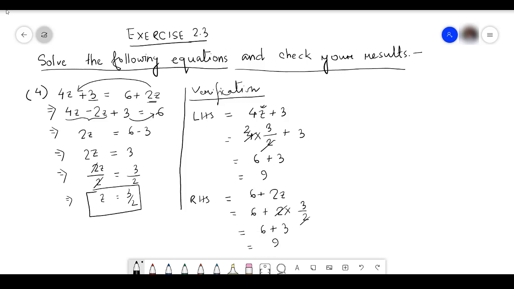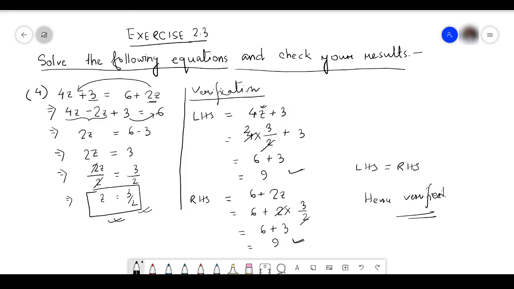So when I check both LHS and RHS for this value of z, I am getting the same result 9 on both the sides of this expression. So the conclusion that we can draw here is LHS equals RHS. Hence verified. And the required solution is z equals 3 by 2.